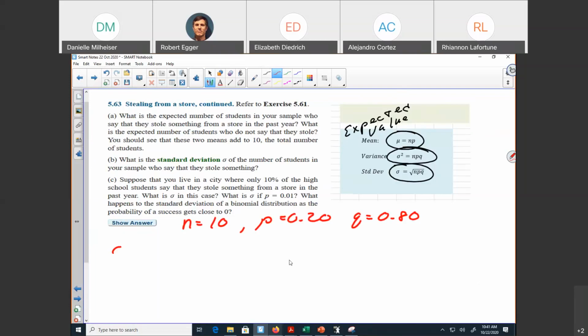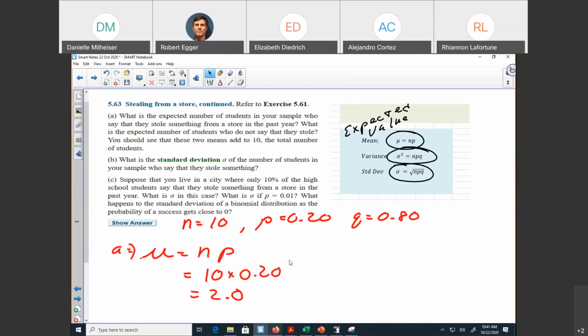So for this part A, I'm looking for mu, np, and of course n is 10, p is 0.20, so I would expect that in a sample size of 10, there will be two students who will say, yeah, I stole something in the last year.